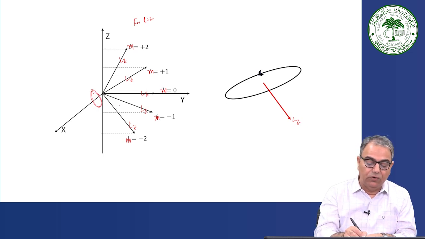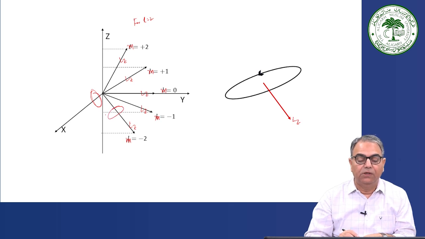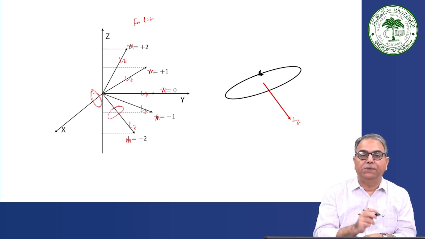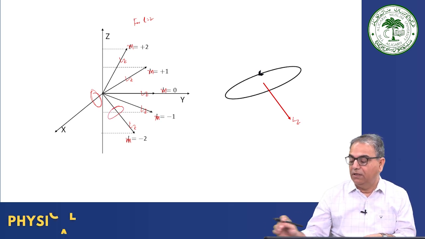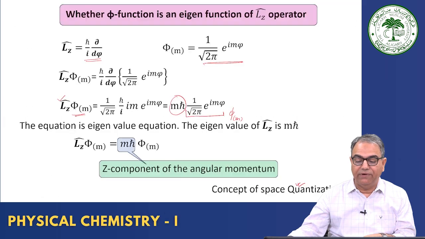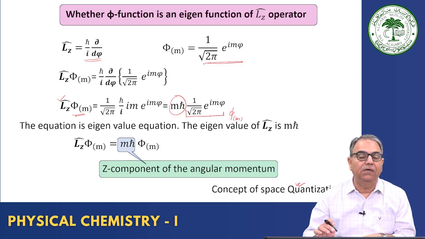For this, you can draw a rotation axis, a space quantization like this one. So the concept of space quantization comes from the phi equation, and the eigenvalue of the Lz component of the angular momentum you also get from the phi functions. This is the physical significance of the phi functions.